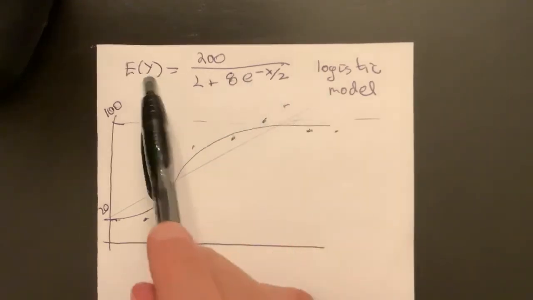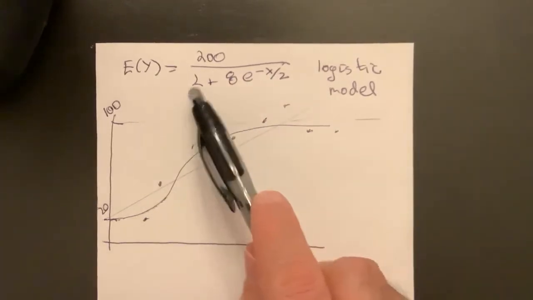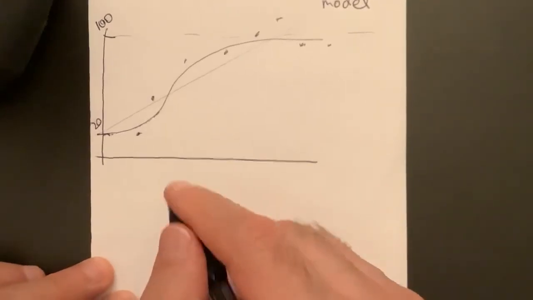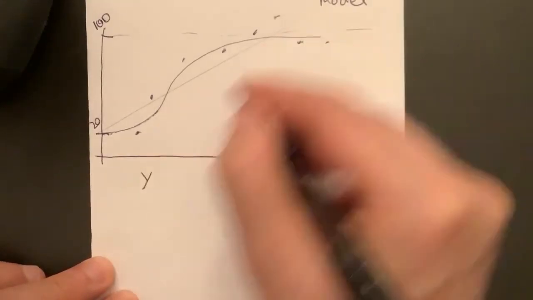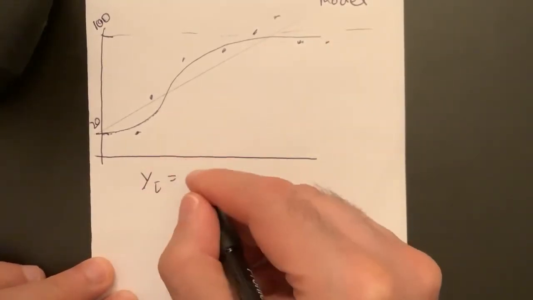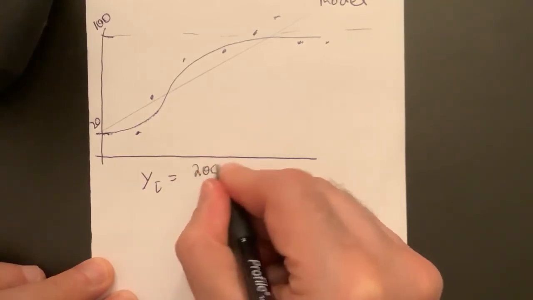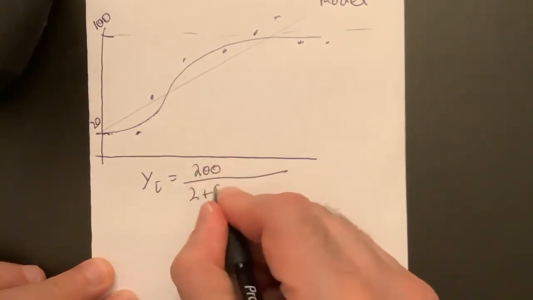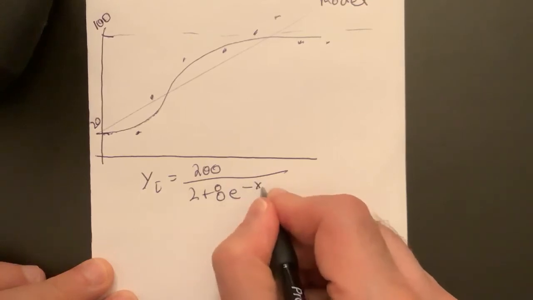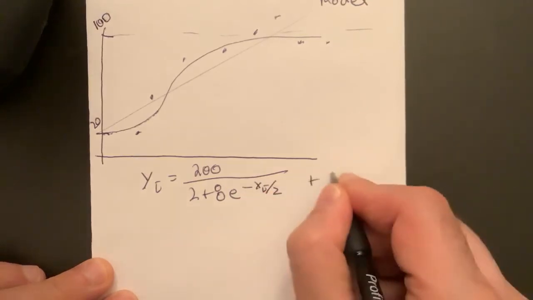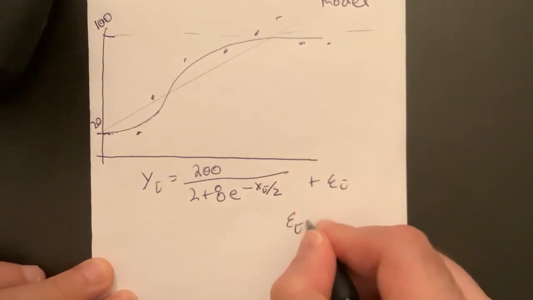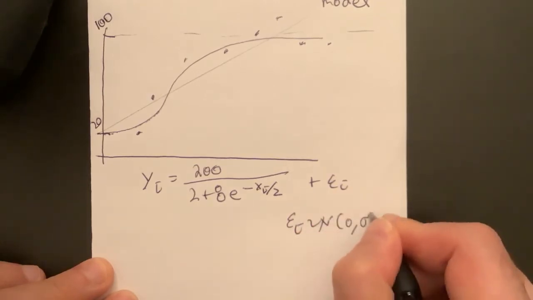This is the regression function. So the full equation for the model here would be, if I want to think of these data points, Yi equals E(Y), right? Yi equals 200 over 2 plus 8 e to the minus xi over 2 plus ei.